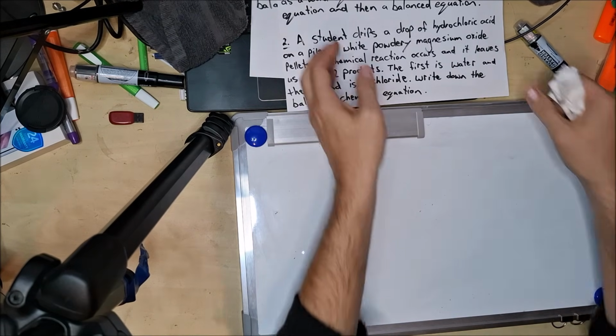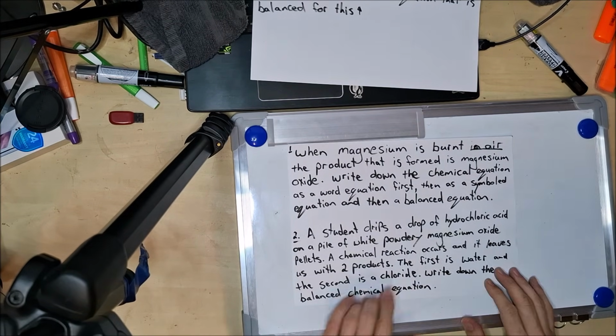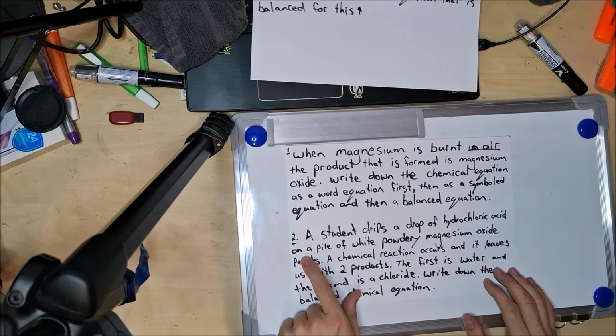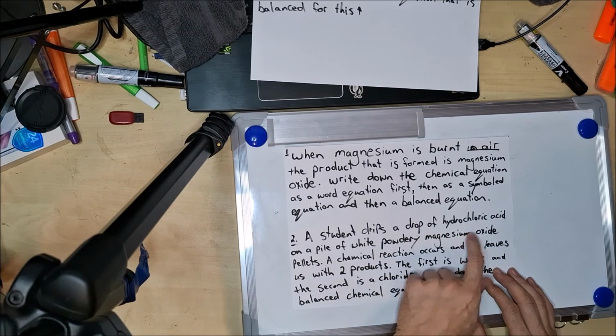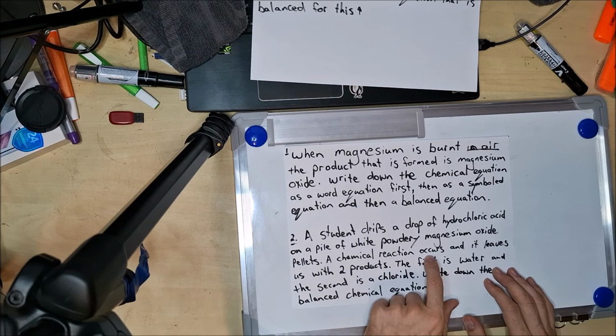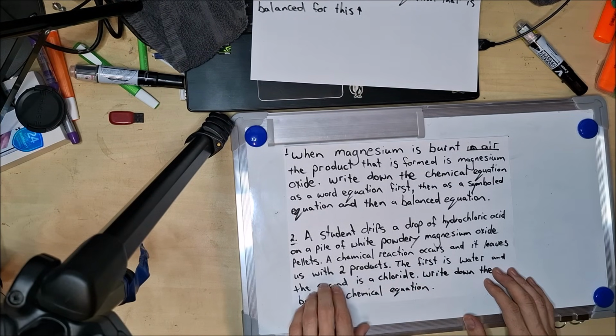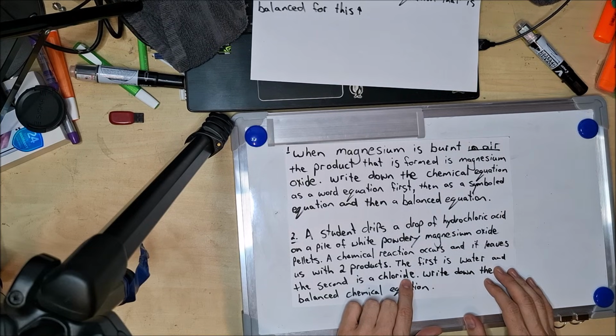Now, let's have a look at the last one. A student drips a drop of hydrochloric acid on a pile of white, powdery magnesium oxide pellets. A chemical reaction occurs and it leaves us with two products. The first is water and the second is a chloride.